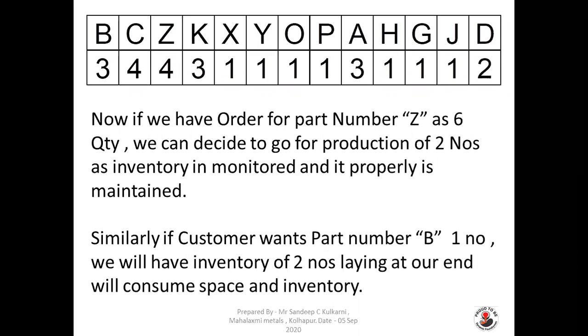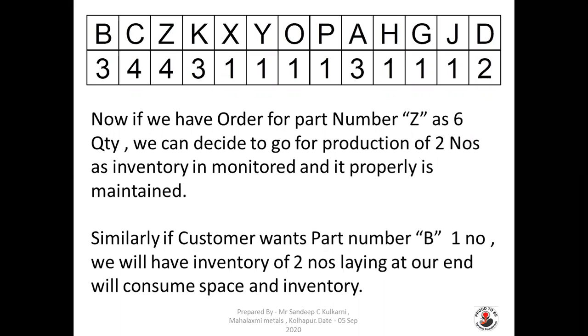Similarly, if a customer wants part B as one number, you can see I already have 3 numbers in the inventory, so I don't have to produce it again. I will send one number to the customer and 2 numbers will remain at my end. So this is how we can use this 1S 2S methodology for reducing our inventory, reducing our overproduction, and for better workspace management.